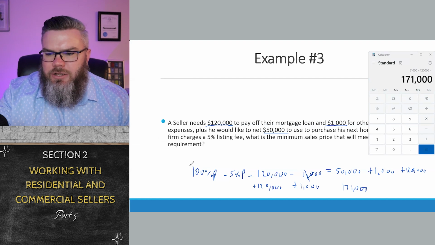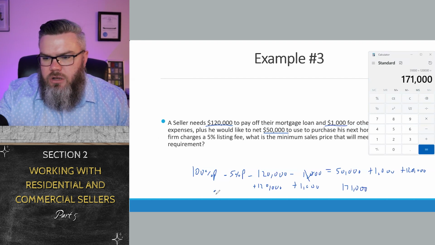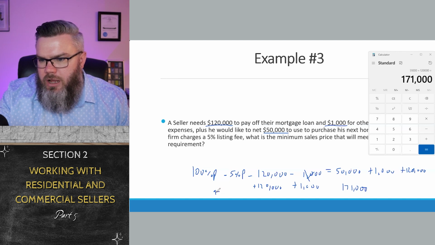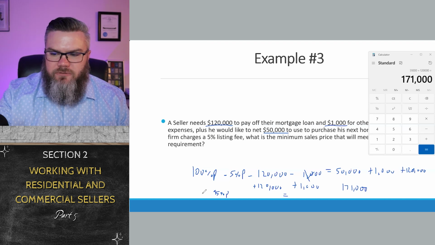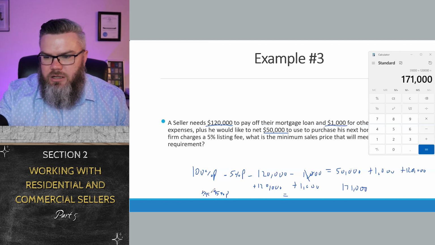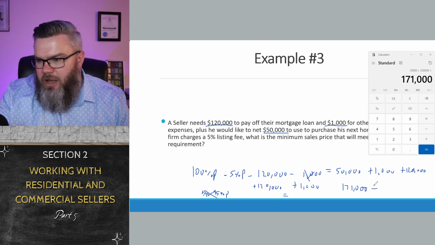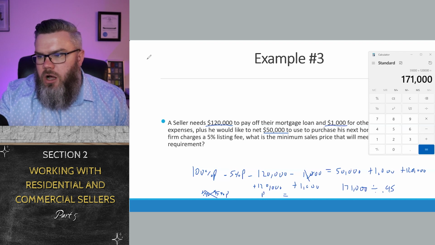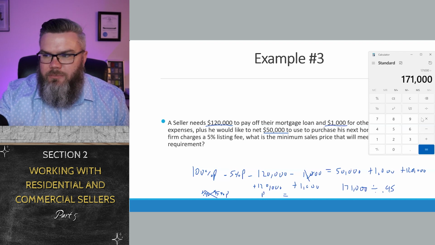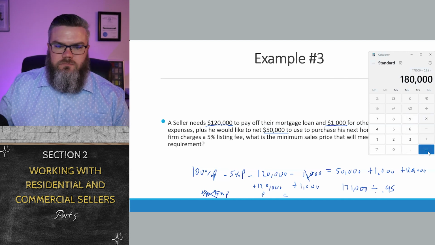So what that's saying is 100% minus 5%, 95% of P equals 171,000, or in other words, divide by 95% on this side to negate, and then divide by 95%, which, remember, is 0.95 mathematically speaking. So the purchase price equals 171,000 divided by 0.95, 180,000.